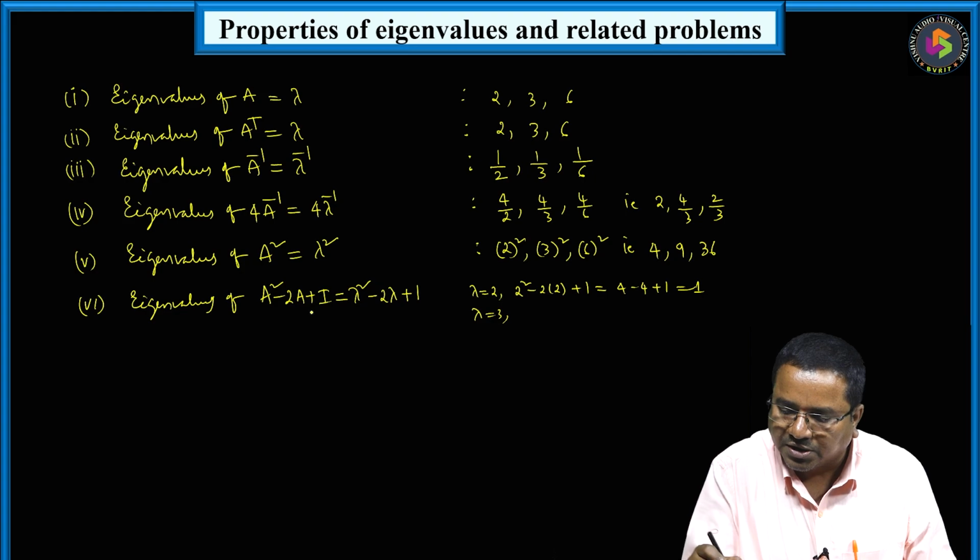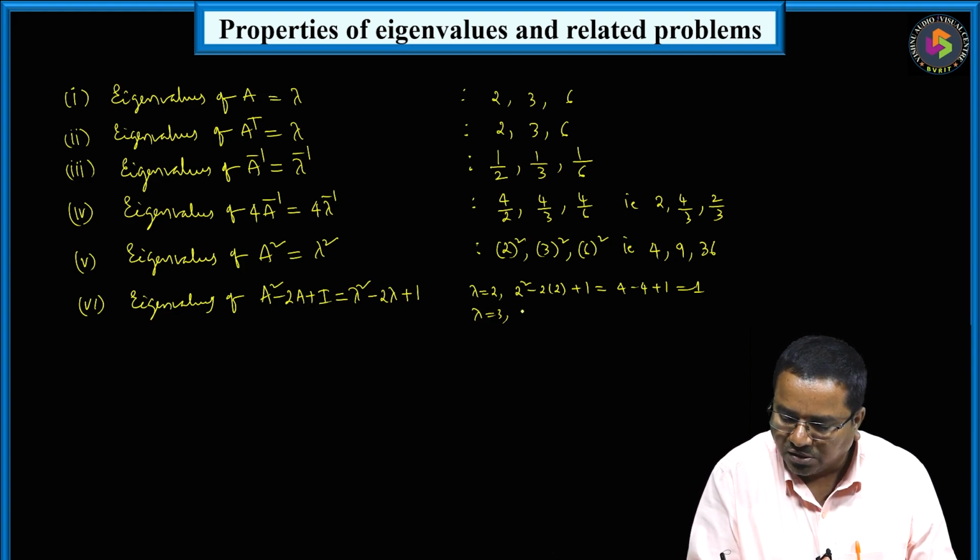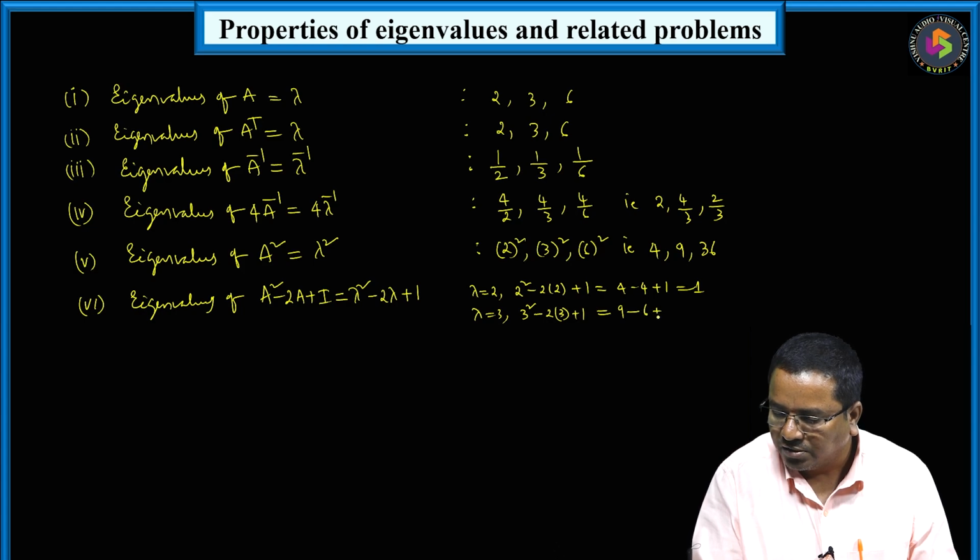So next, how will we get it by substituting 3 in this equation? 3 square minus 2 into 3 plus 1. 3 square is 9 minus 6 plus 1. So 9 plus 1 is 10, 10 minus 6 is 4.